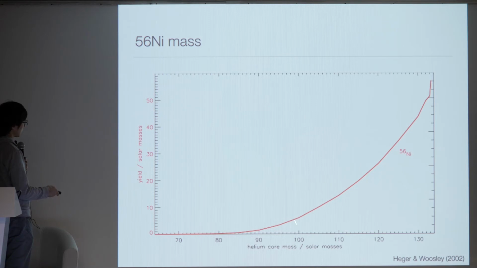Then at 100 solar mass core, or around a 200 solar mass progenitor, it gets close to 10-ish. Normal supernovae had, let's say, 0.1 solar masses of nickel, so this is already around 100 times more than what we usually get. And then at the highest end, the nickel mass can go to 50 or even more, and this will be extremely bright.